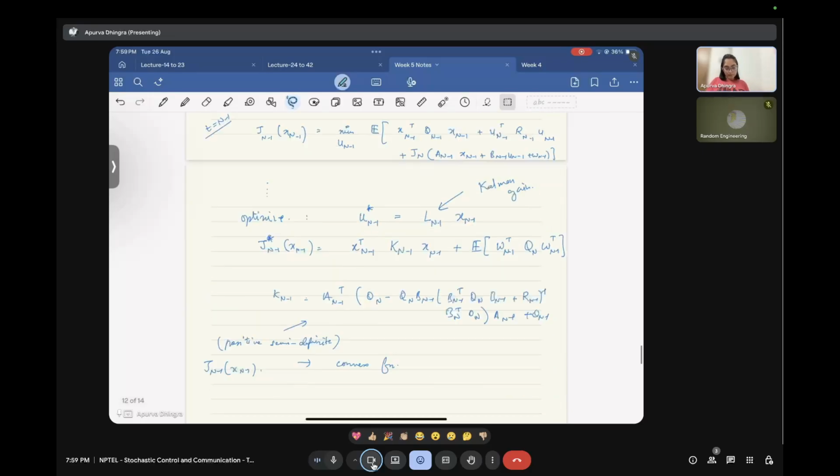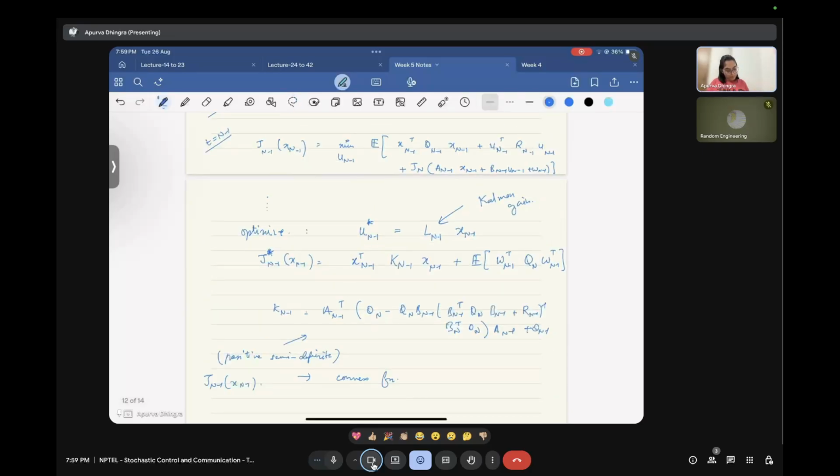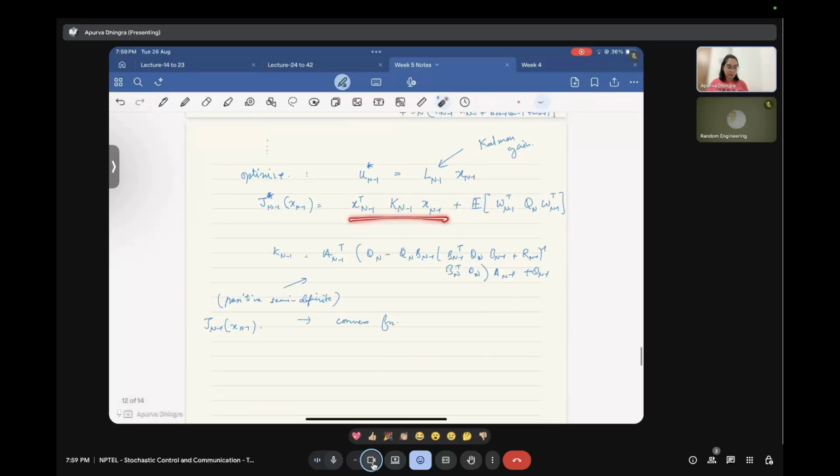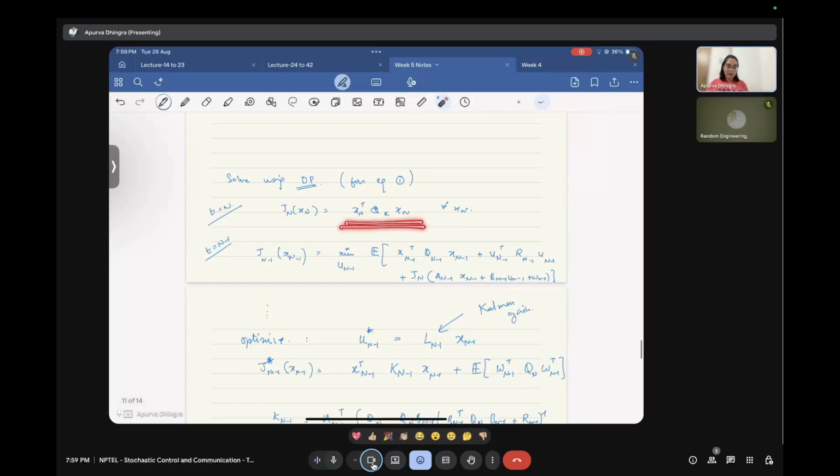One thing that I had to point out here. Because of the quadratic form, we started with a quadratic form, remember? And we again have something quadratic in x only with an additional covariance term. That term is fine, but we started with something quadratic, meaning a convex function in x.